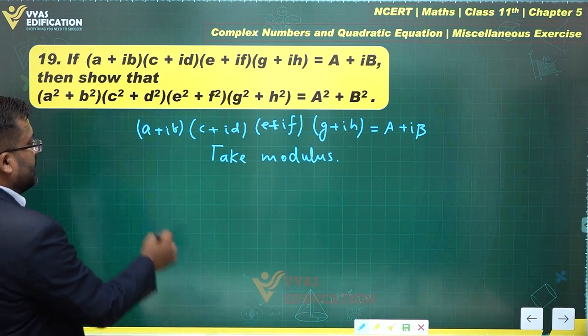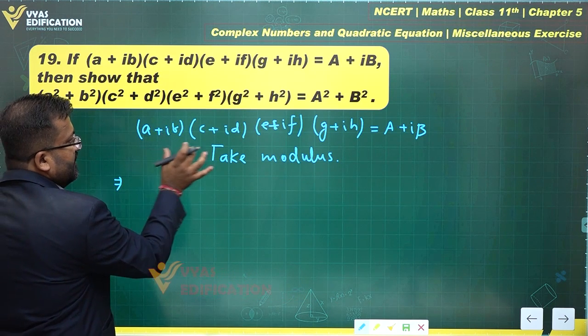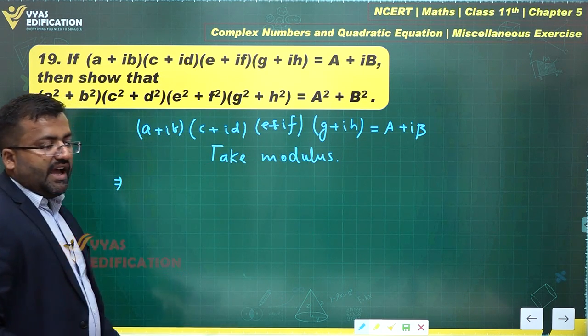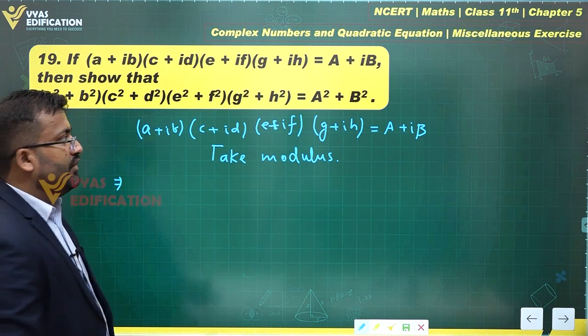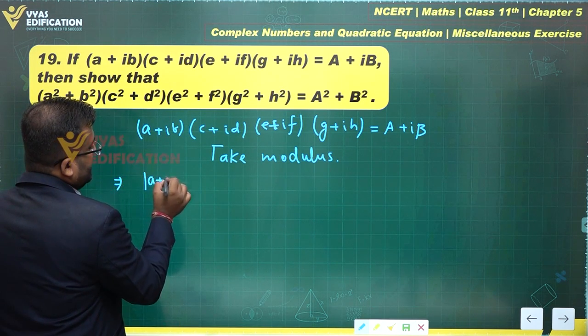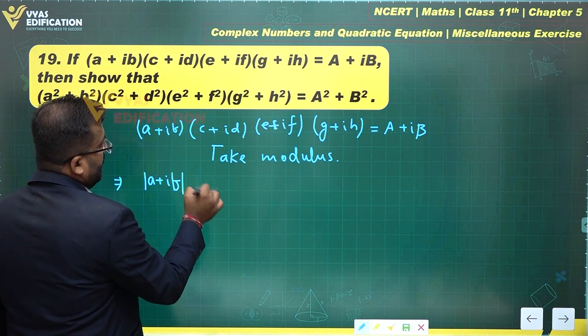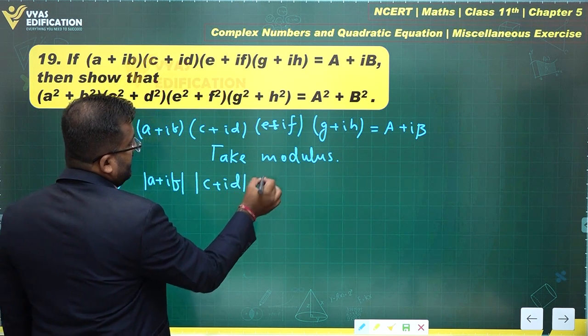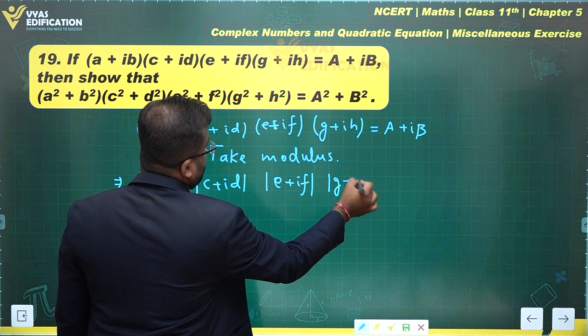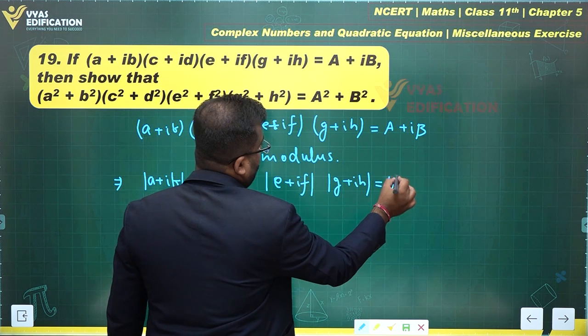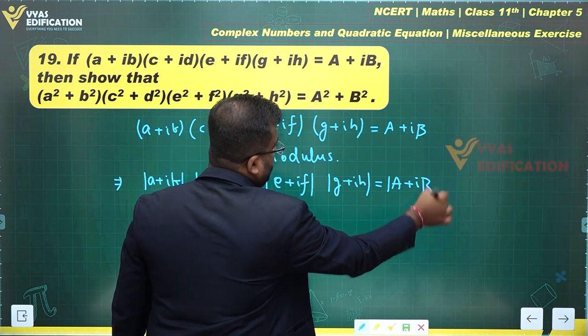Now, on taking modulus, what I get is modulus of z1 z2 z3 z4, which will be equal to mod z1, mod z2, mod z3, mod z4. That is mod of a plus ib, mod c plus id, mod e plus if, and mod g plus ih, which is equal to mod of capital A plus i capital B on the right hand side.